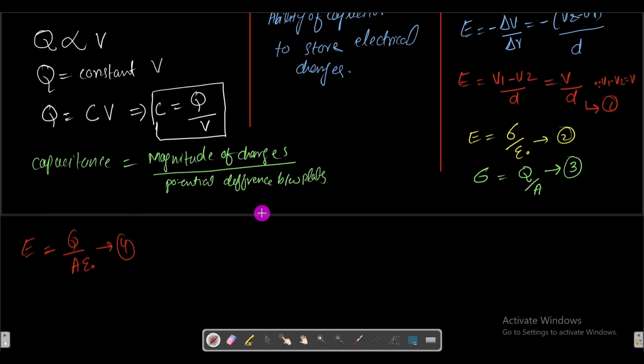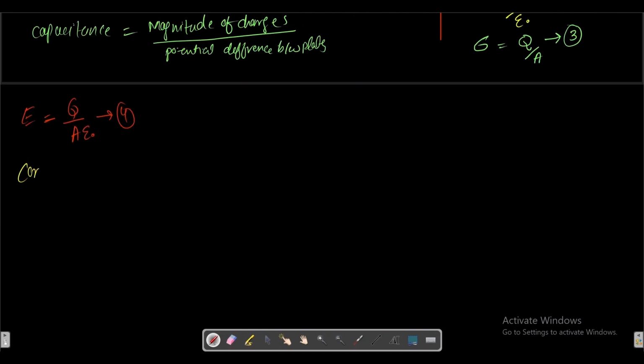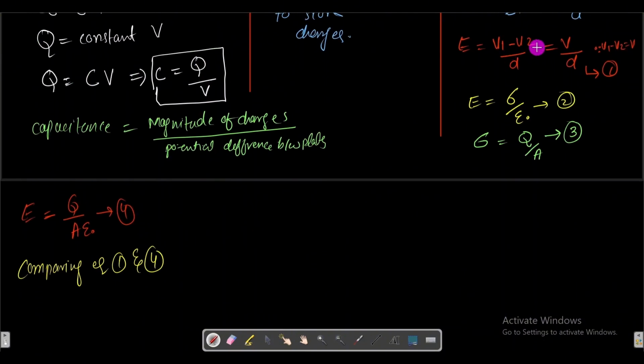The left side of equation 4 and equation 1 is the same. Therefore, the right side of these equations must also be the same. So the right side is Q by A epsilon naught, which is equal to the right side of equation 1, which is V by D.